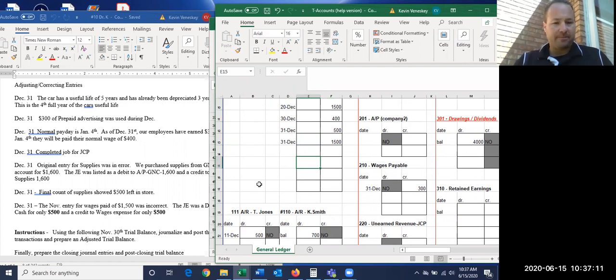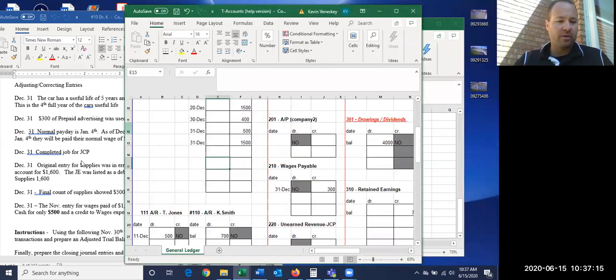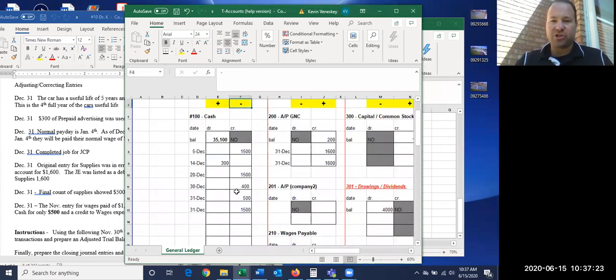Now, our final step, we want to go ahead and make the adjusted trial balance. We've done all the correcting and the adjusting entries. So our final step is to make the adjusted trial balance. And in order to do that, I need to total up all of my T accounts. So let's get new totals.